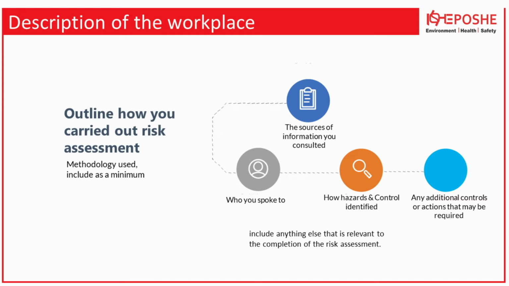Also, which internal documents you referred to identify the hazards, such as previous risk assessment documents, accident records, complaints register, machinery maintenance records, ill health records, etc. Finally, what legal documents you referred to identify the control measures for the hazards that could be a risk to your organization. Here, in this section, the legal reference can be ILO, or UK law, or international standards, or any other legal documents. You can also write about any additional controls which can be introduced for any particular risks.